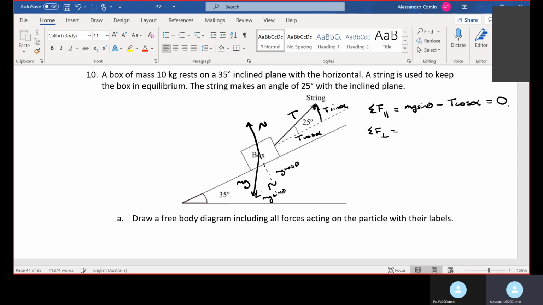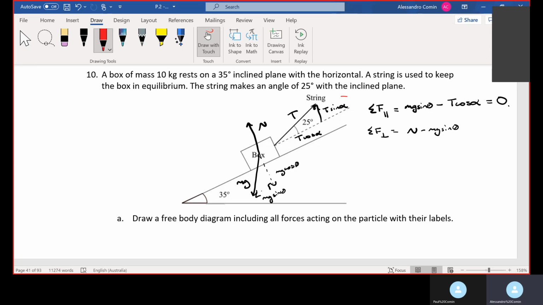perpendicular, because I always say to do 1, 2, and 3, but this is a little bit different. So once again, I'm going to have n minus mg cos theta, but is that the only force pointing upwards or downwards? No, actually. I also have T sine alpha pointing up.